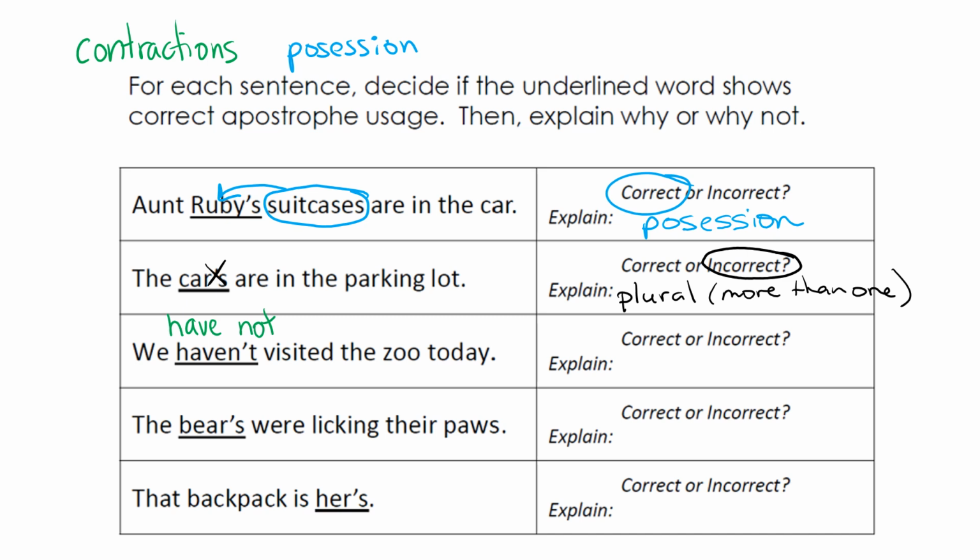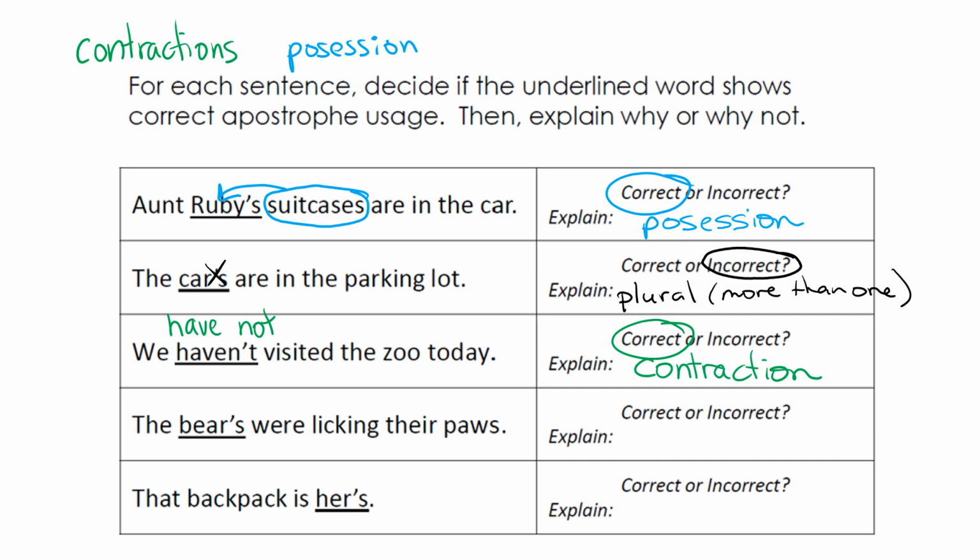So if it's made by combining two words, what we're looking at here is a contraction. And so this is a correct usage. We always use an apostrophe for contractions. So we can say this is correct because it's a contraction. All right, so here I'd like to encourage you to pause the video and try the next two on your own, then restart it and see if you were right.